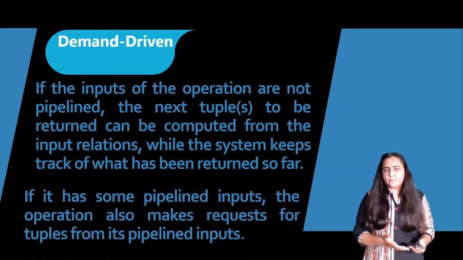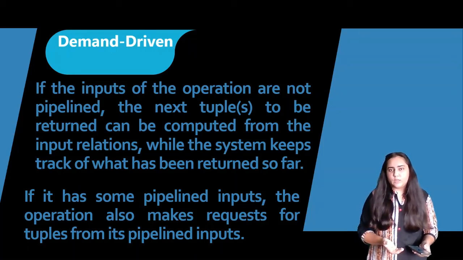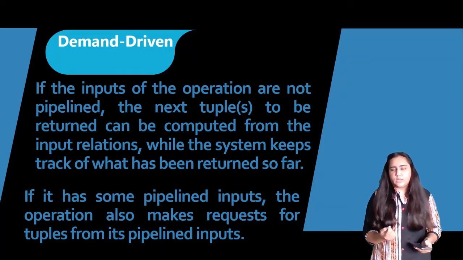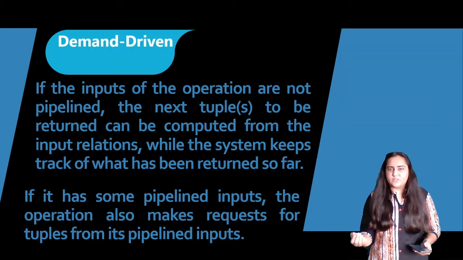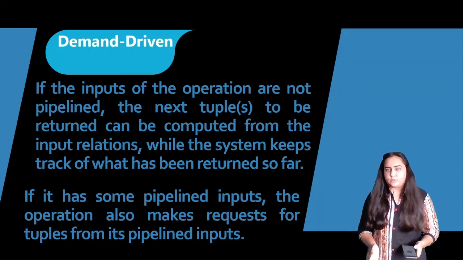If it has some pipelined inputs, the operation also makes requests for tuples from its pipelined inputs. So sometimes when you're performing an operation like a natural join, it is not wise to perform a natural join with just one single row and an entire table.